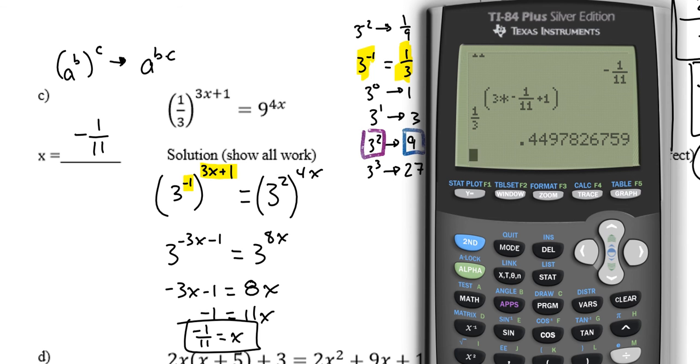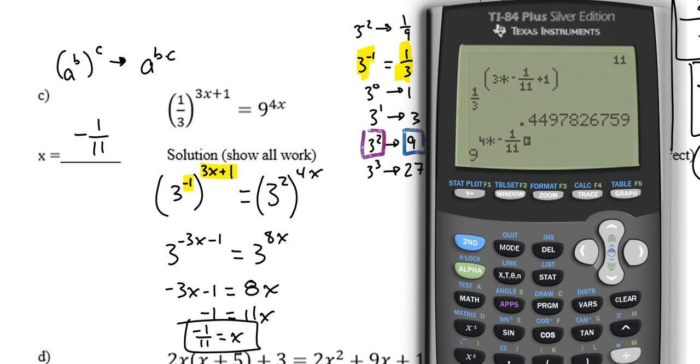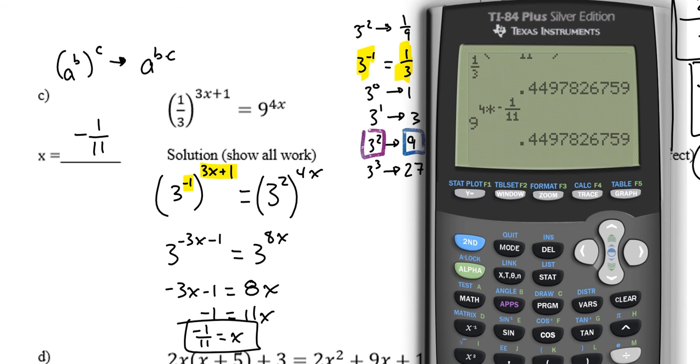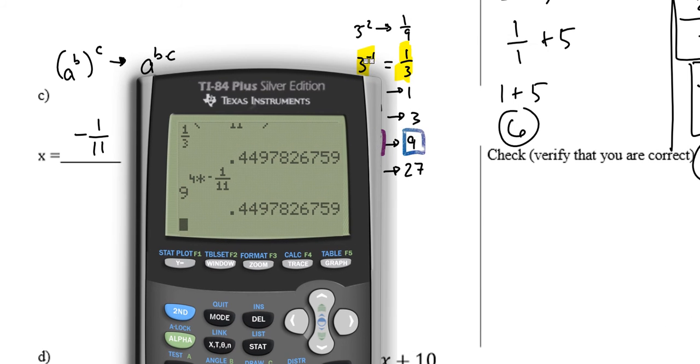Okay, so what about the other side? It's more simple to deal with, so I'm just going to enter a 9 and raise that to the power of 4 times, let me go grab the fraction, there we go. So that's 9 raised to the power of 4 times -1/11. And when I press enter, it gives me again 0.44978. So here's what I'm going to include for my check.